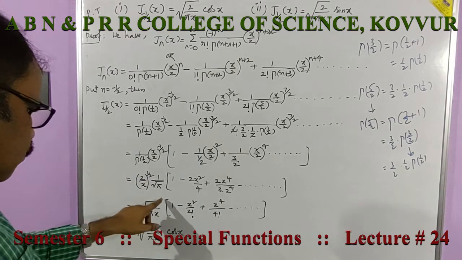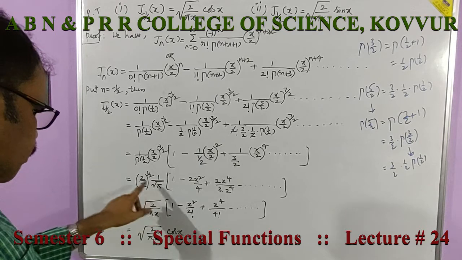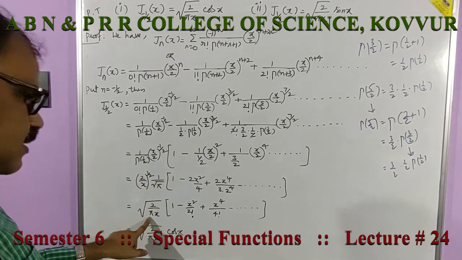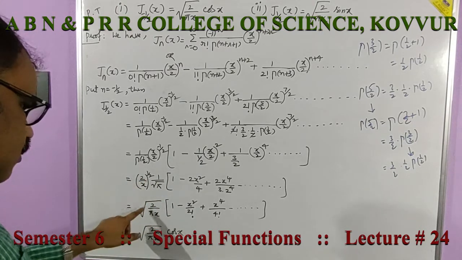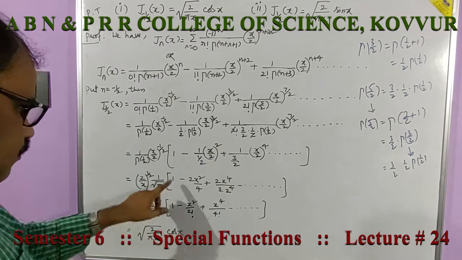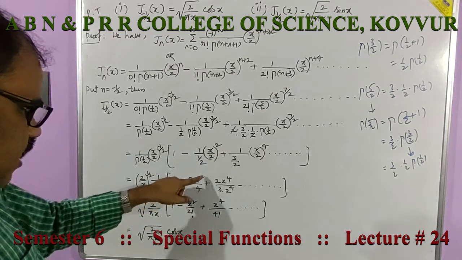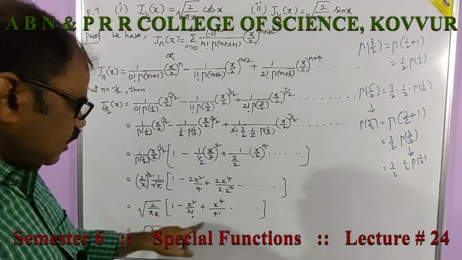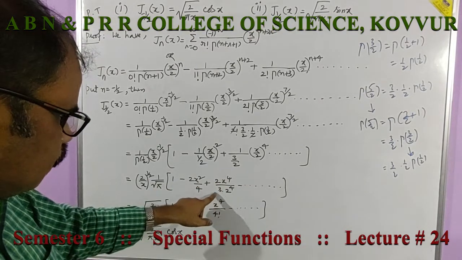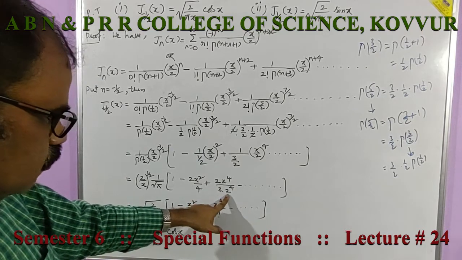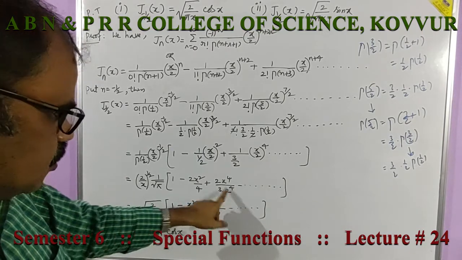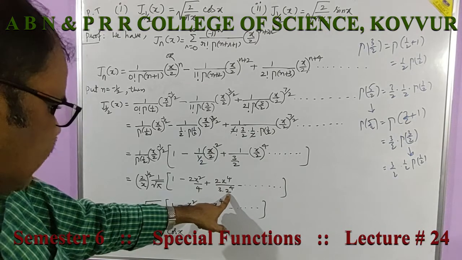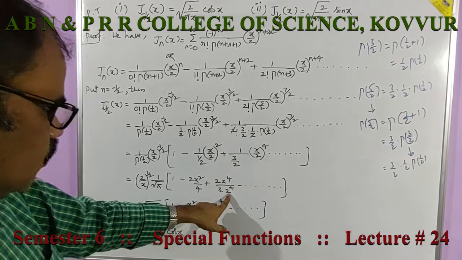So overall, square root of 2 by pi x, 1 minus this is x square by 2 remains, the 2 can be written as 2 factorial and this is 2x power 4 by 3 into 2 power 4, 2 power 4 is 16, 2 gets cancelled, 8 3 is 24.